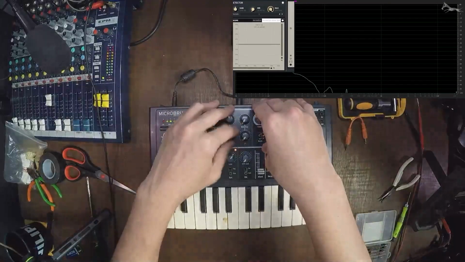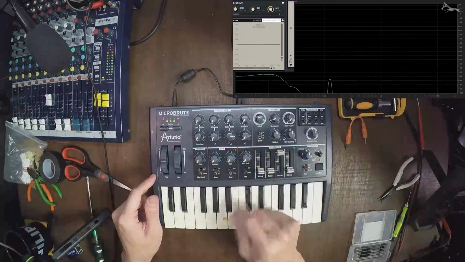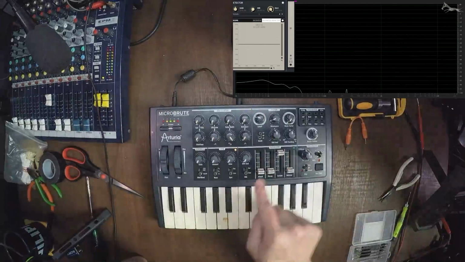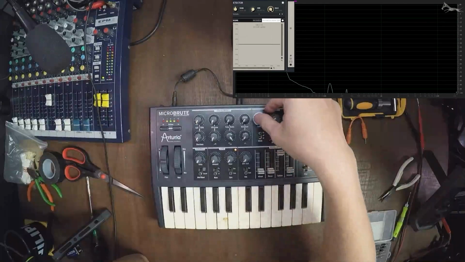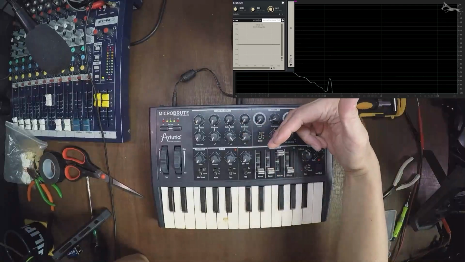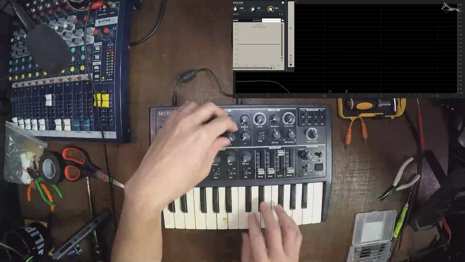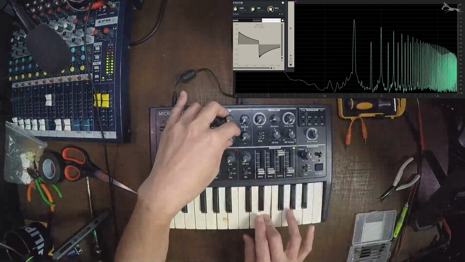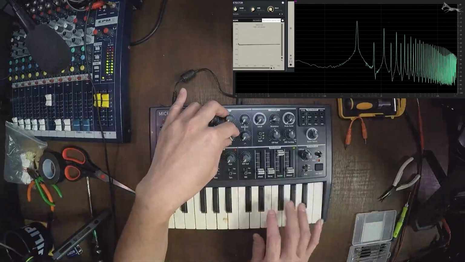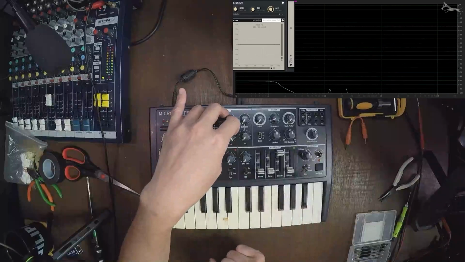All right. Let's see. High pass. So high pass means this is fully open, right? Oh, by golly. We got sound.